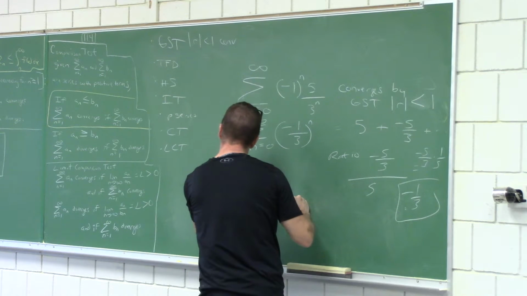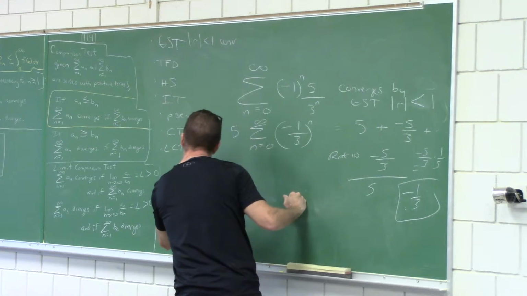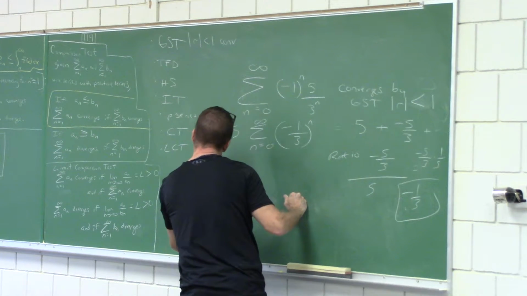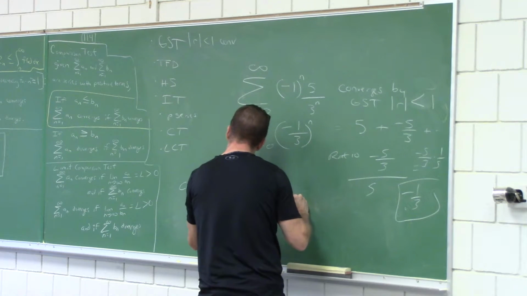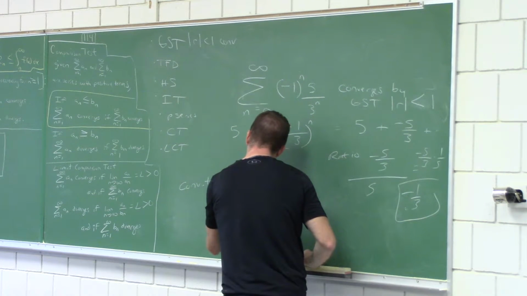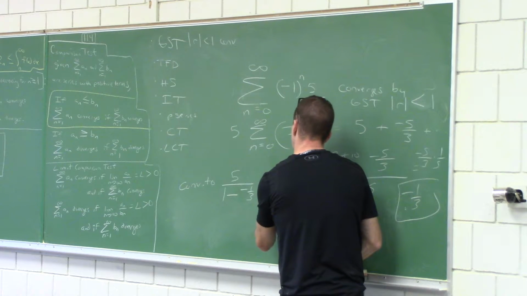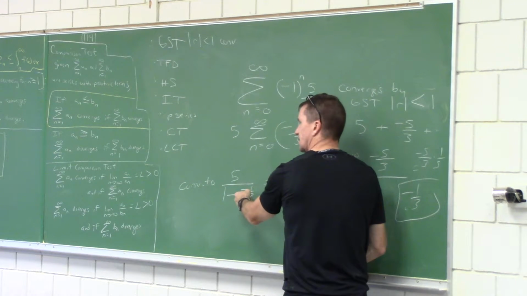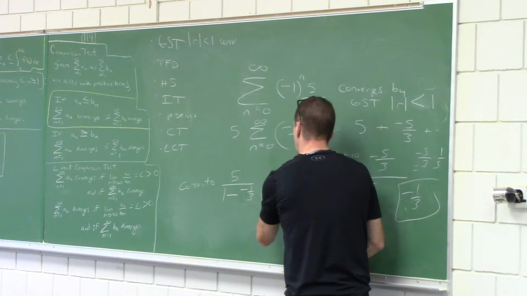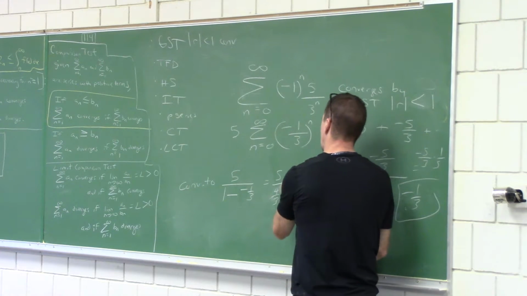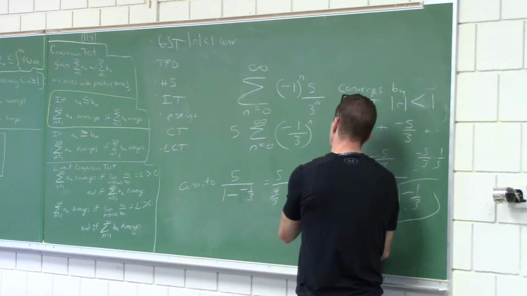The sum would be 5 over 1 minus the ratio. Yeah, because 1 plus a third is 4/3. And when you flip that, you get 5 times 3/4.